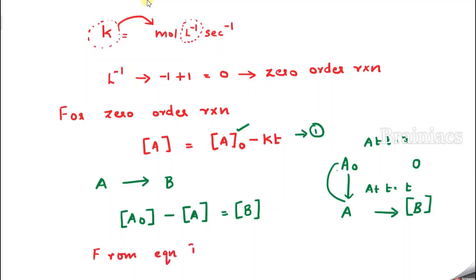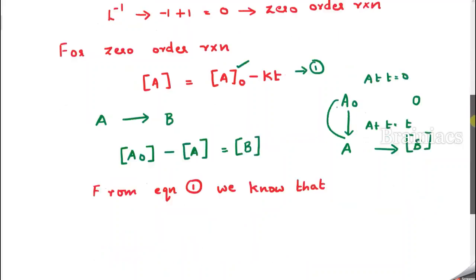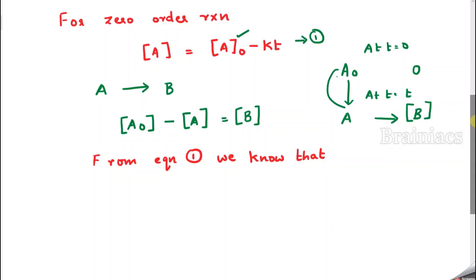from equation 1, we know that, we can write A0 minus A, just rearranging the equation 1, minus A is equal to k into t, correct?